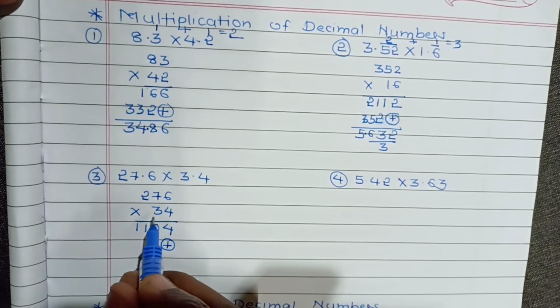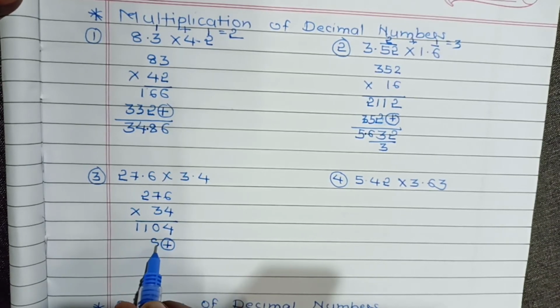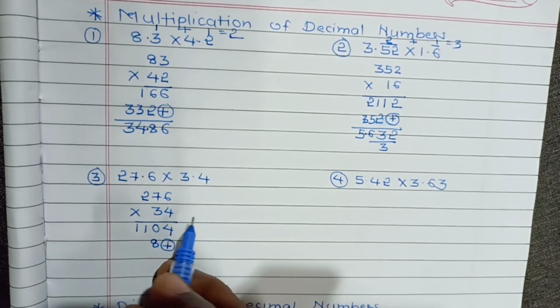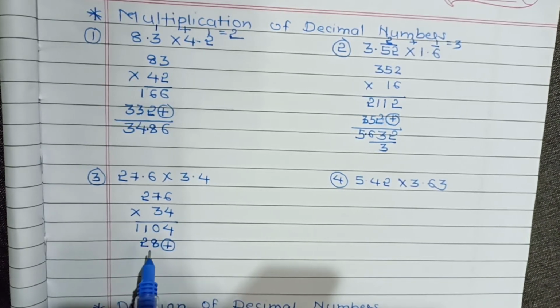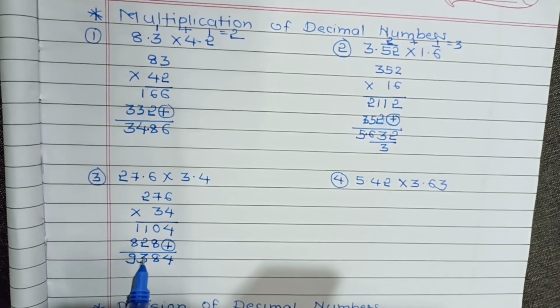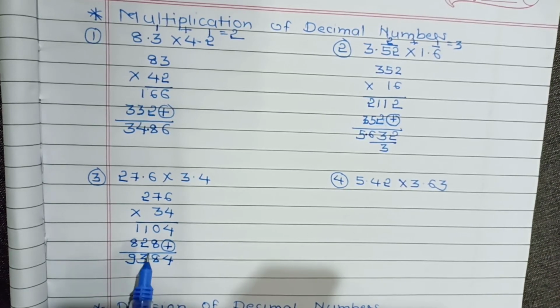Plus sign you have to write. 3 6s are 18, 1 remains. 7 3s are 21, 21 plus 1 is 22, 2 remains. 3 2s are 6, 6 plus 2 is 8. Now you have to do the addition. 4, 0 plus 8 is 8, 2 plus 1 is 3, 8 plus 1 is 9. So 9, 3, 8, 4.